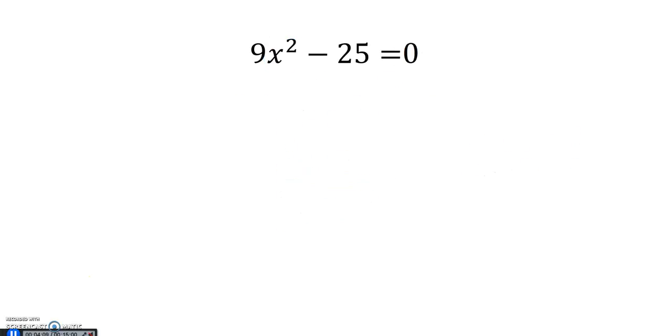Now, in this situation, we still only have one x squared, and we could solve this by isolating the x squared. But this follows a special factoring pattern known as the difference of squares. You know you have the difference of squares because you have a difference.